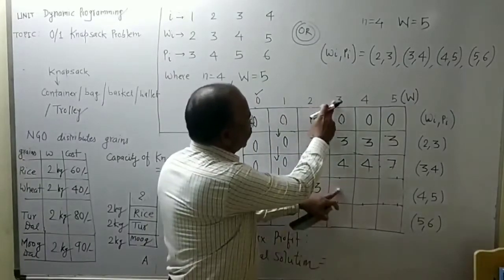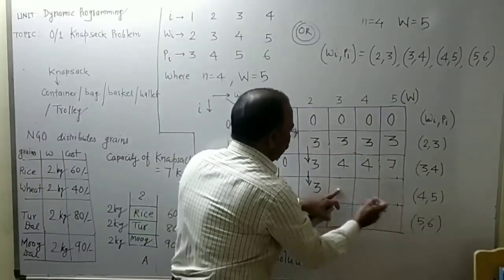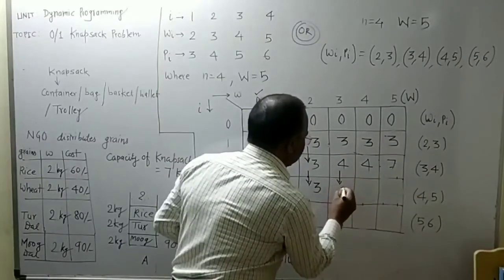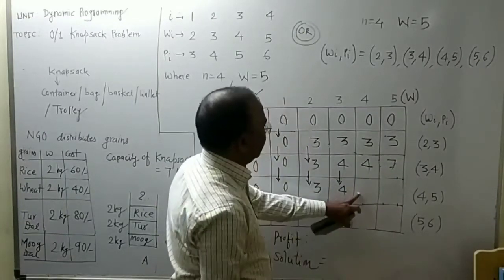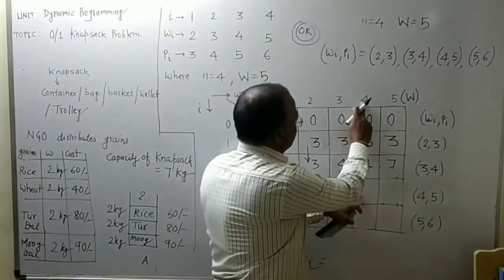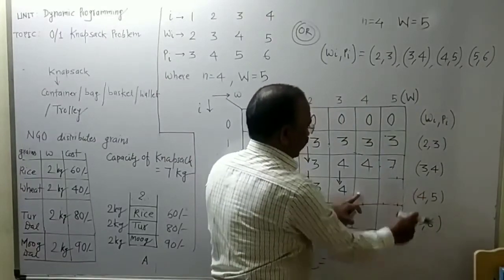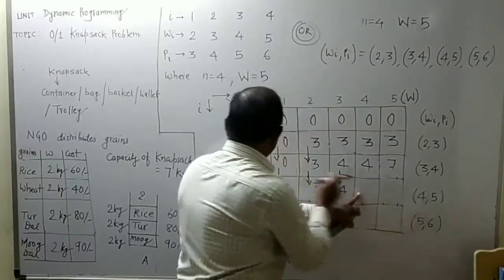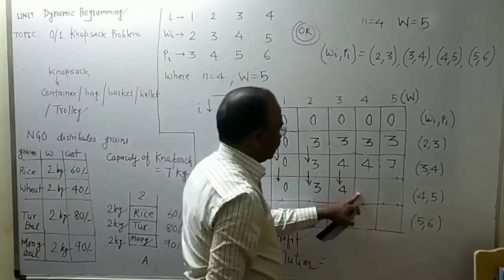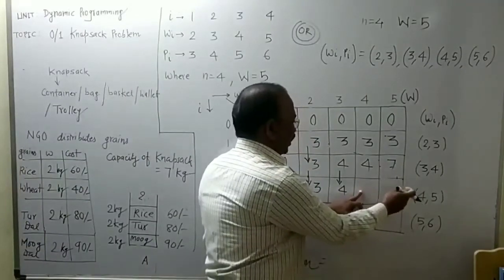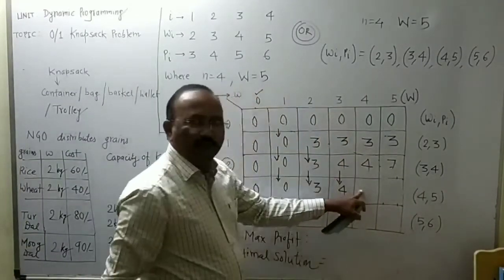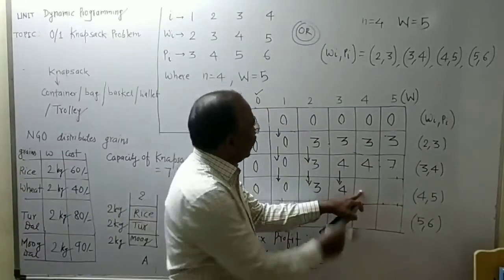Then this 3 is less than 4. Take the upper value as it is, that is 4. Then 4 is not less than this value, that is the weight of the third object. Then we have to select another column.